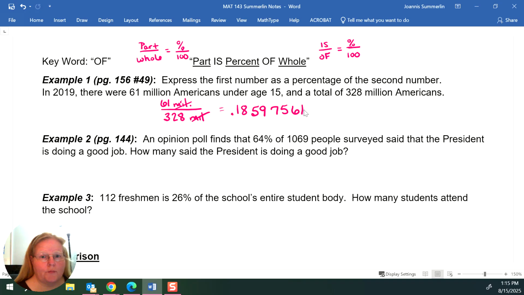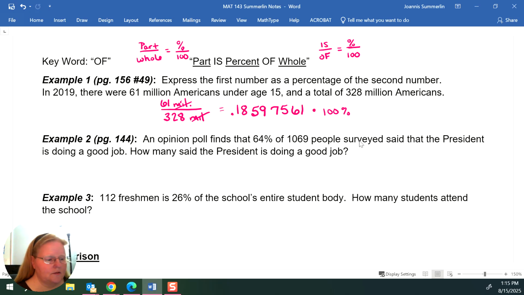This is a little trick I'm going to show you. Is this a percentage? Is there a percentage anywhere here? They want the first number written as a percentage of the second number. No. If you want it written as a percentage, you're going to have to make it a percentage. You do that by multiplying it by 100%. In other words, you multiply it by 100 and you put the little percent sign behind it.